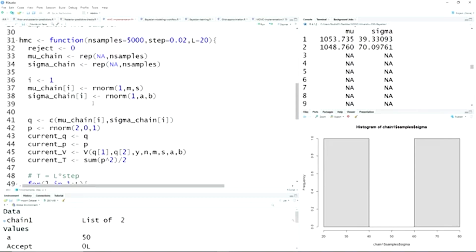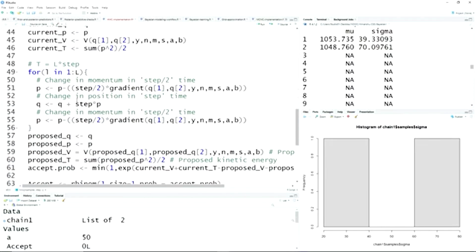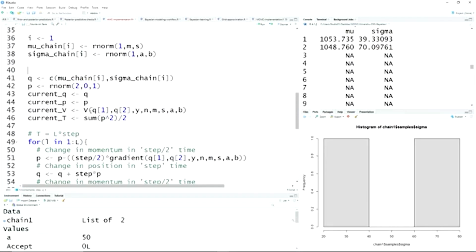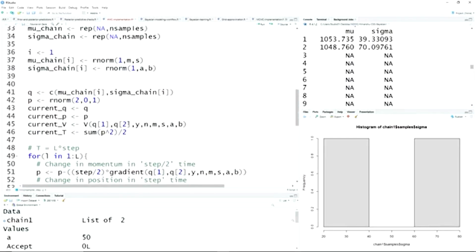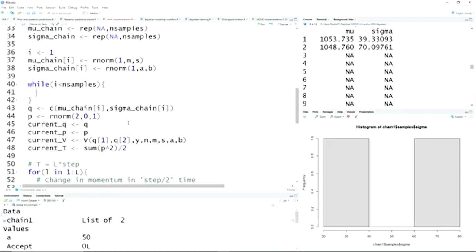You have followed these steps of current state to new proposal, and acceptance or rejection, but you haven't iterated through all these three steps. So for that you can define a while loop. While I is less than, let's say, the number of samples.